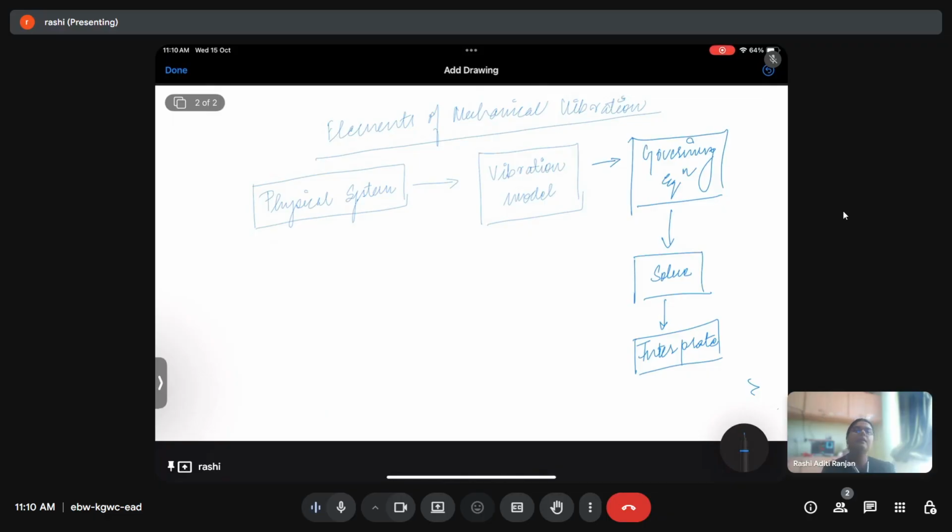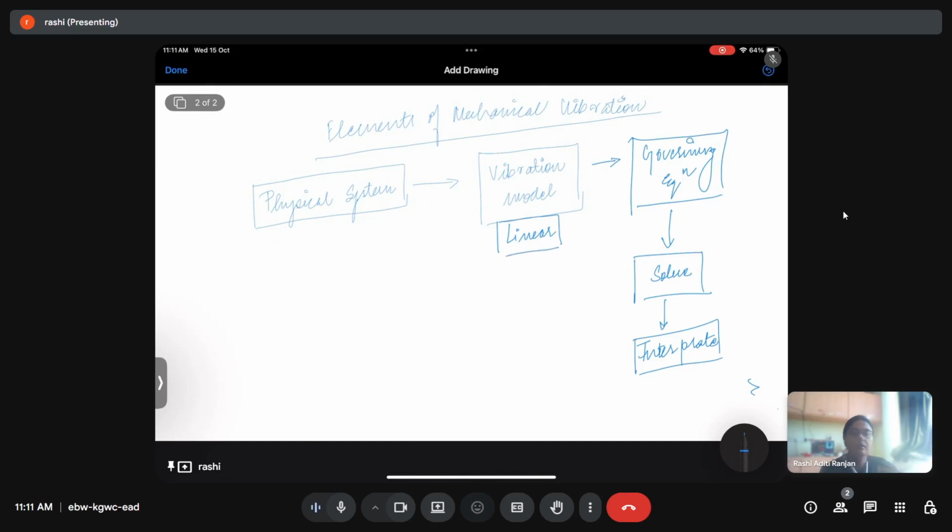Or you can say that the linearity property applies to the system for that point of time. And that is what we have learned in this course, right? We have worked on the linear behavior of the system.